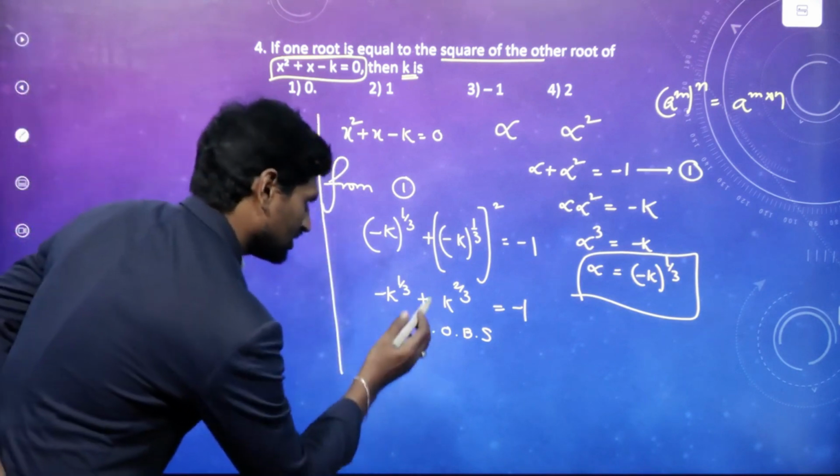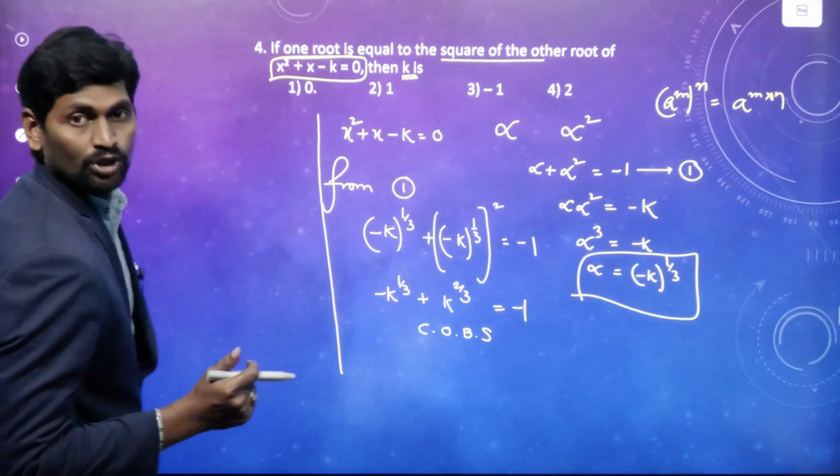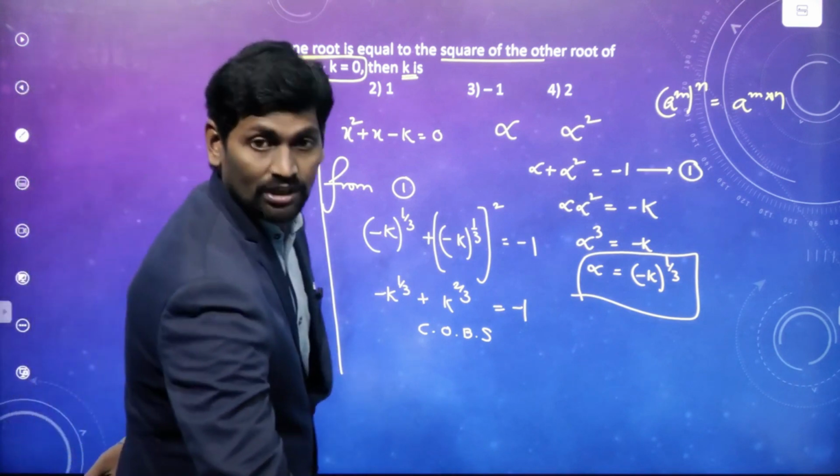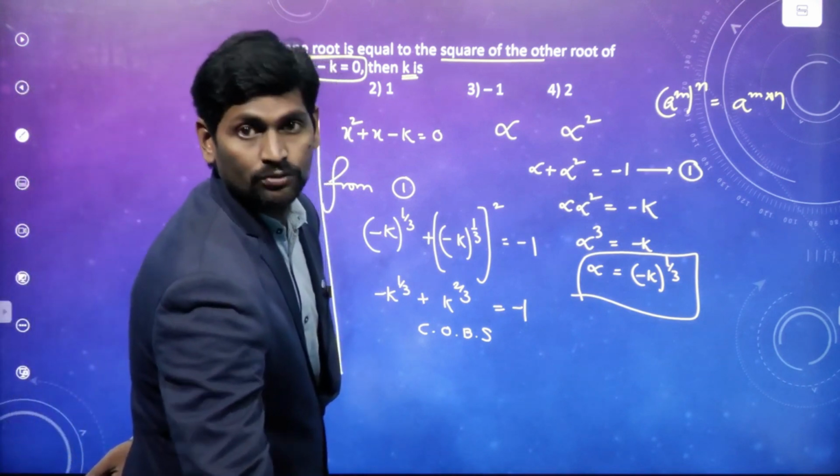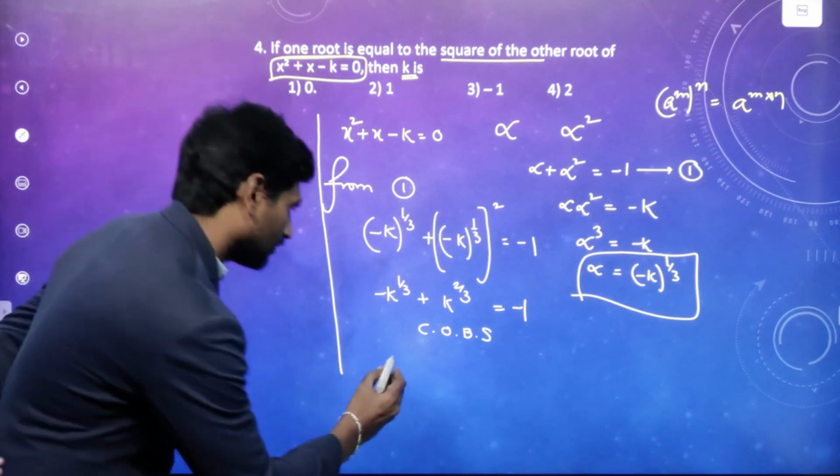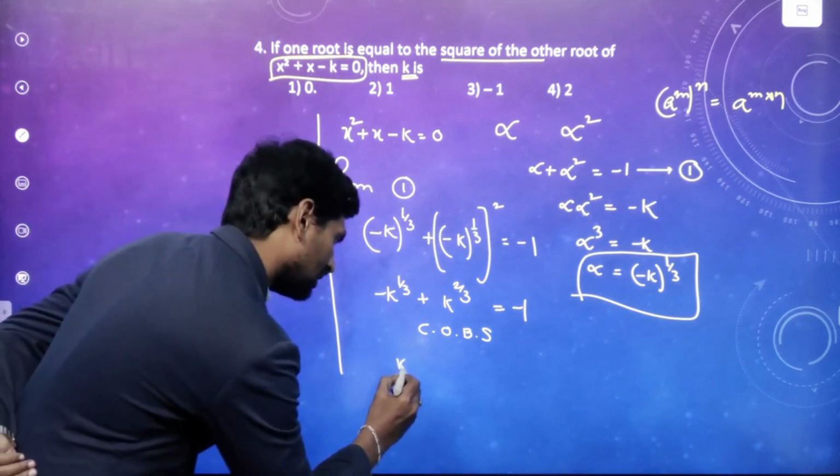Cubing on both sides means it will be the (a plus b) whole cube formula. What is the (a plus b) whole cube formula? a cube plus b cube plus 3ab into (a plus b).